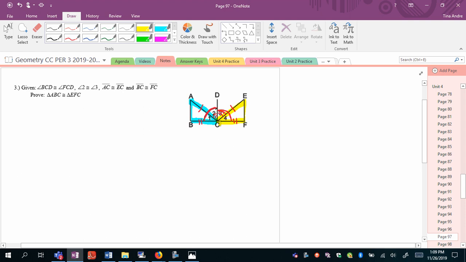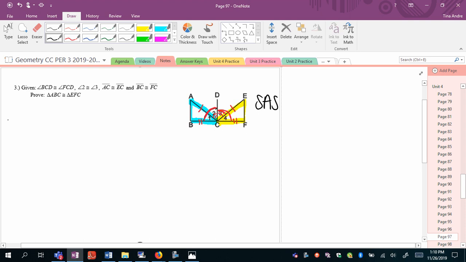So the problem is with the angles that they gave me, notice that they're not the angles in the triangle. So I really want to focus on getting 1 and 4 congruent by using angle subtraction theorem, because those angles are actually in the triangles versus all of the other angles that were given were not in the triangles. And then it looks like I would be able to use side, angle, side.